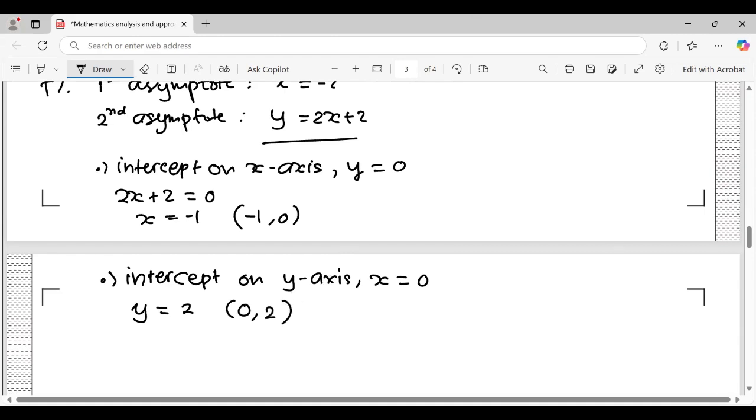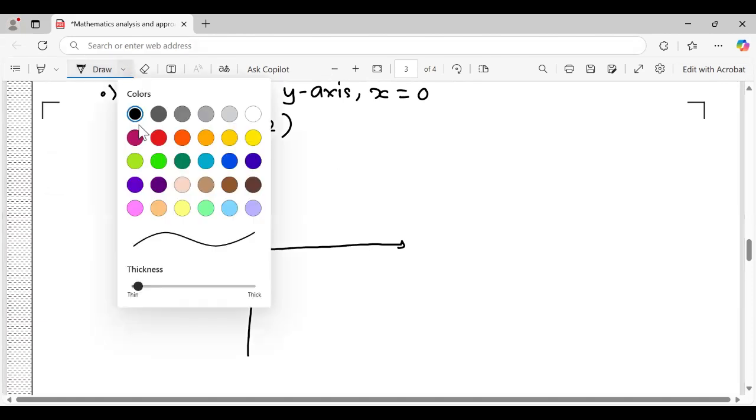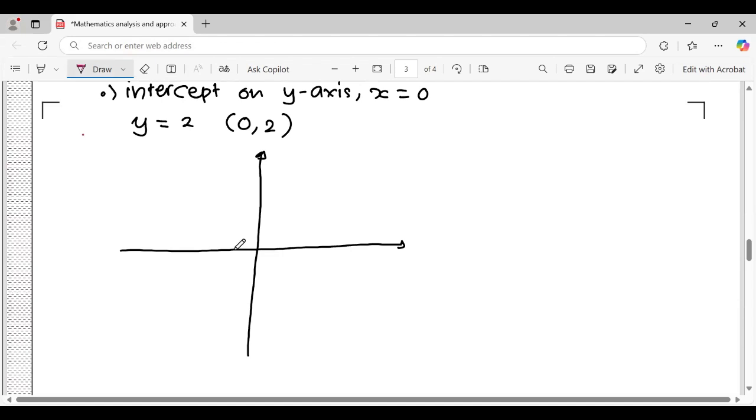Let me sketch. So sketch first the straight line of this asymptote, x equals minus 2.